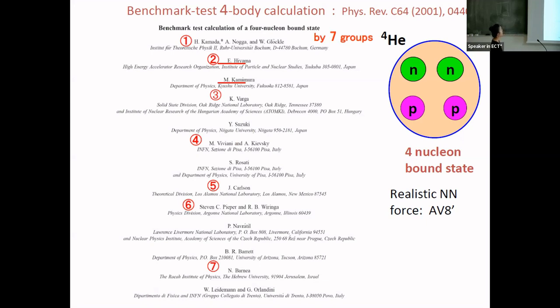You can see the Faddeev method group of Kamada and Noga and group Kure; the second one is my group; the third one is Suzuki and Varga; and the fourth one is the hyperspherical group of Kievsky and Viviani. Five is Joe Carlson, six is Steven Pieper, then Navratil with the no-core shell model, and seven is Nogga and Barnea.